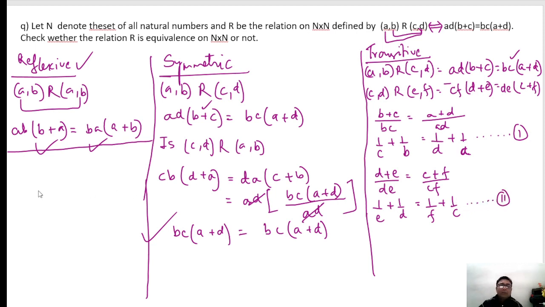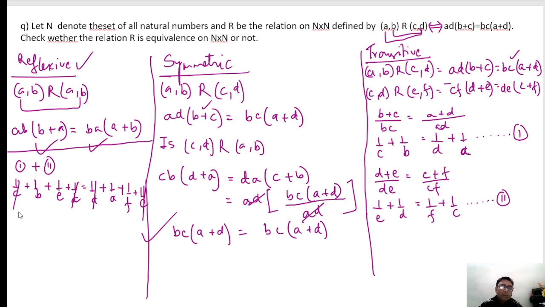So if I add equation 1 and 2, what we are getting? 1 by C plus 1 by B plus 1 by E plus 1 by D is equal to 1 by D plus 1 by A plus 1 by F plus 1 by C. So 1 by C cuts, 1 by D cuts.